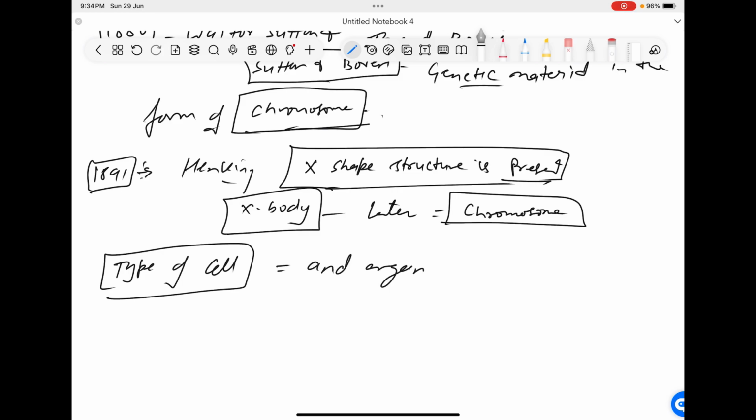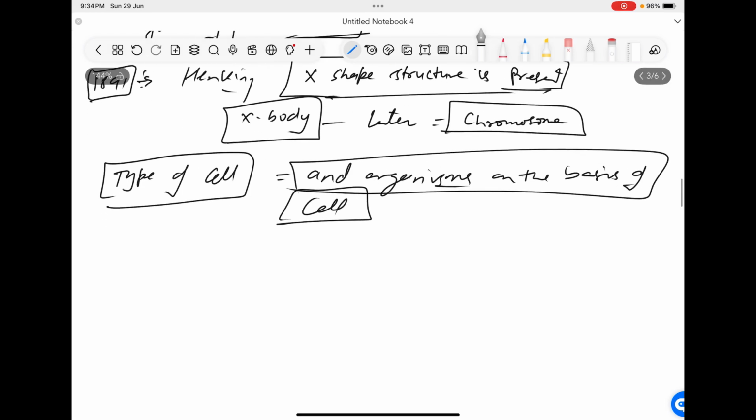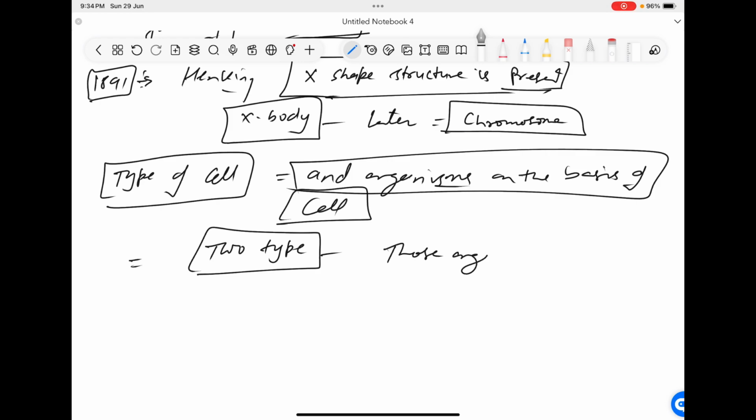Those organisms which are made up of cells, for example bacteria, we can say prokaryotic and eukaryotic organisms.